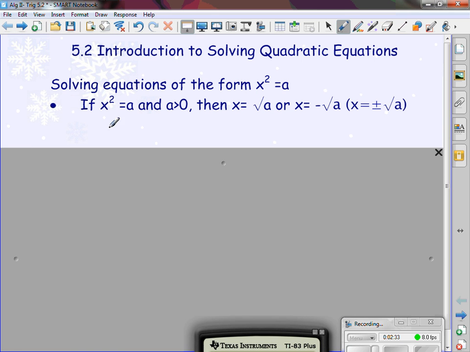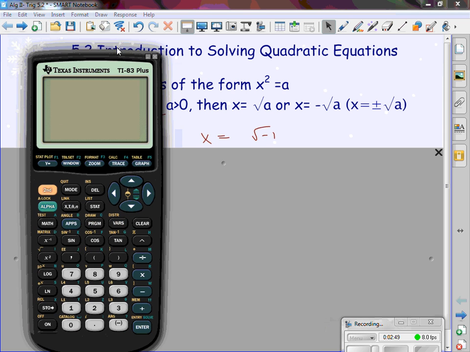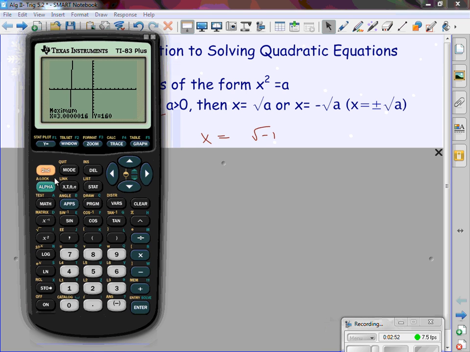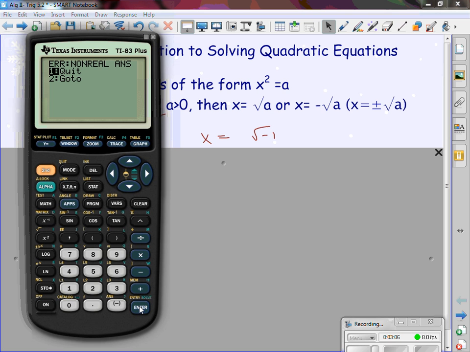If this was a negative here, let's see, x squared equals negative 1. To get rid of a square, I take the square root. Try taking the square root of negative 1 in your calculator. If I try taking the square root of negative 1, non-real answer.